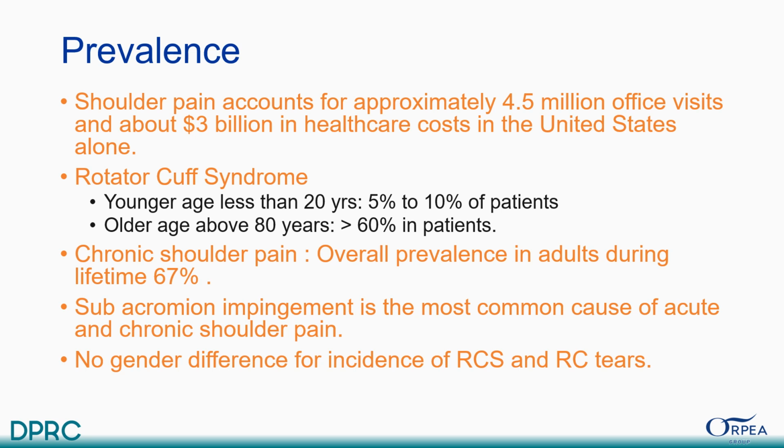Altogether, chronic shoulder pain accounts for around 67% of lifetime prevalence of pain in adults, of which subacromial impingement is the most common cause of acute and chronic shoulder pain. There is no gender difference in the incidence of rotator cuff syndrome as well as rotator cuff tears.